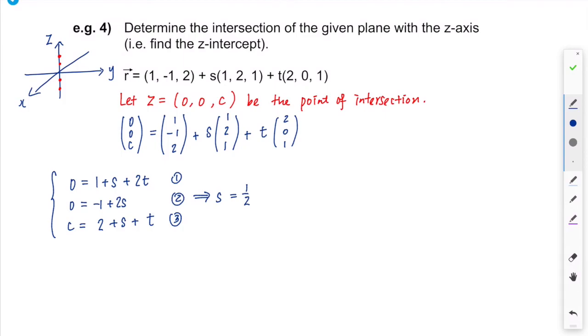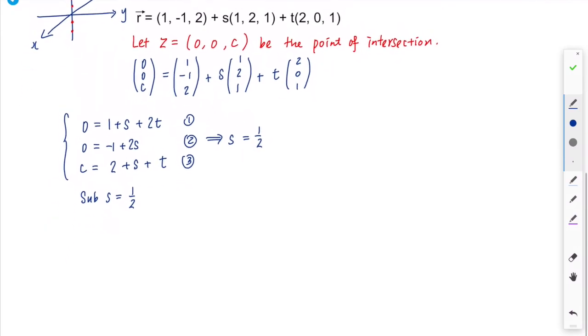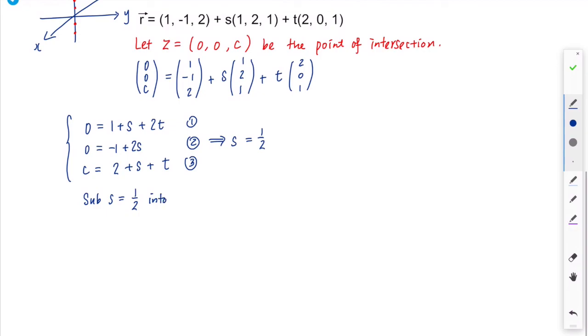Okay, so now let's substitute this value of s into equation 1. That will allow us to find the value of t. So 0 is equal to 1 plus 1/2 plus 2t. I have negative 3/2 equals 2t. t must equal negative 3 over 4 then.